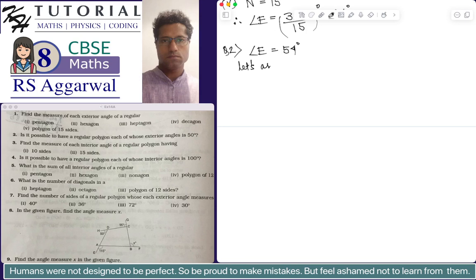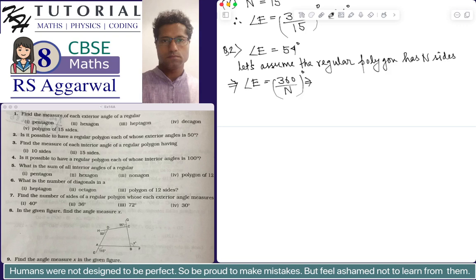So let's assume the regular polygon has n sides and also has each exterior angle equal to 54 degrees. So this implies we must have angle E equal to, as per the formula, 360 by n degrees.